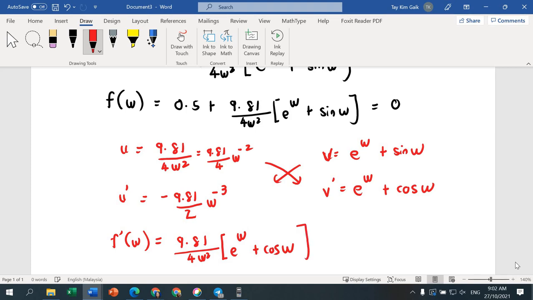Here, this is u v prime, and then plus v, which is exponent w plus sin w, multiplied with u prime, which is negative 9.81 divided by 2, with omega negative 3 put down becoming divide w cubed.